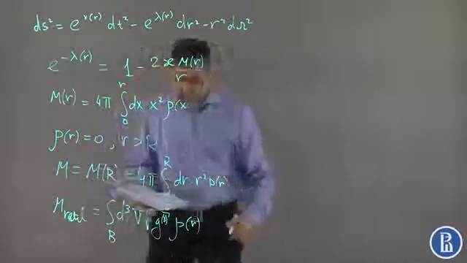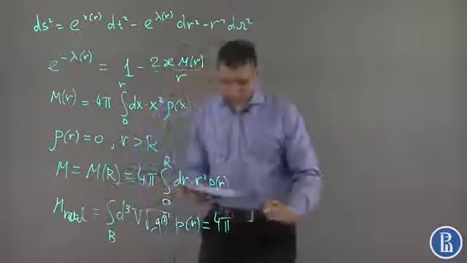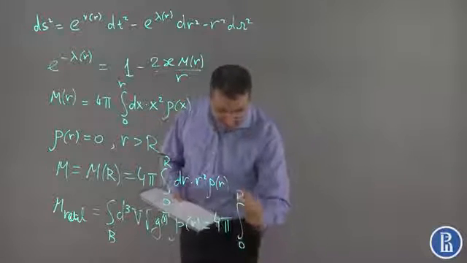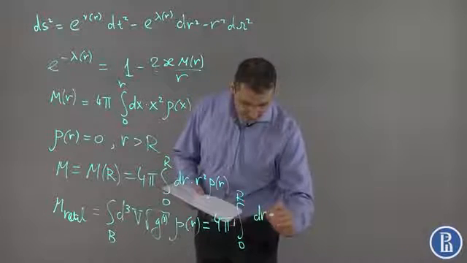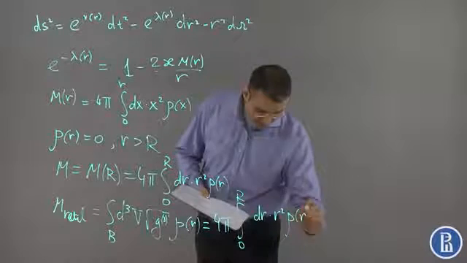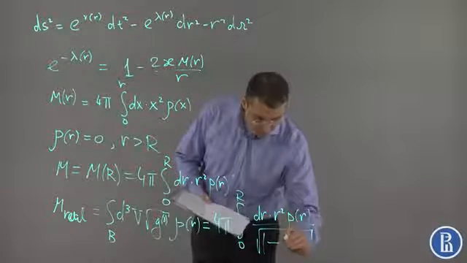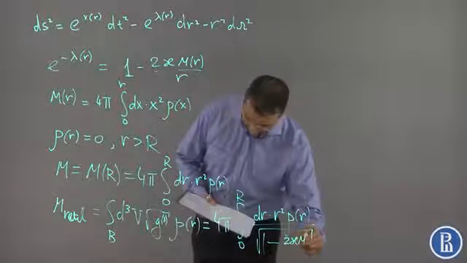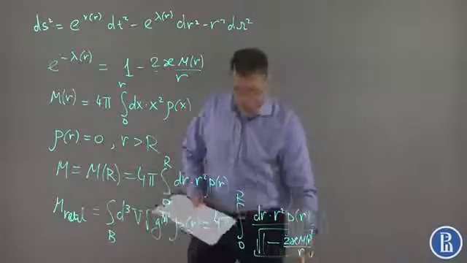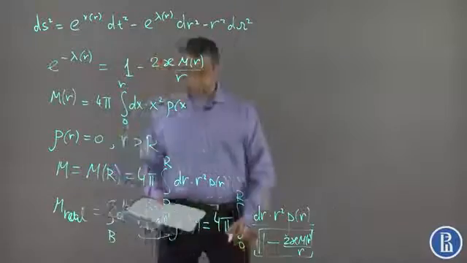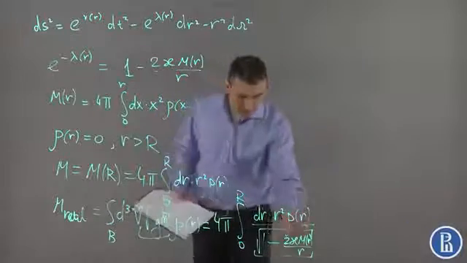This integral is reduced to 4π from the angular integration times the integral from 0 to R of dr r² ρ(r) divided by the square root of 1 − 2κm(r)/r. So this contribution comes from here, and notice that the difference between this formula and this formula is due to this fact.